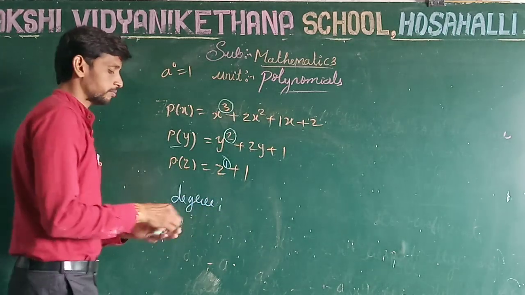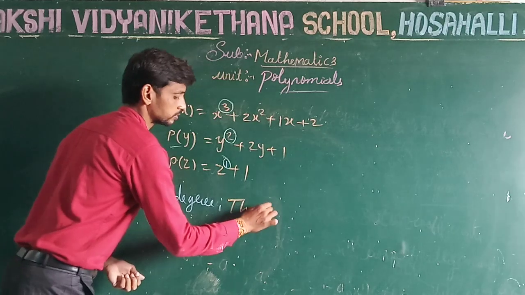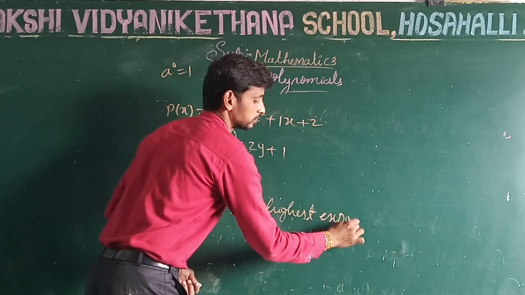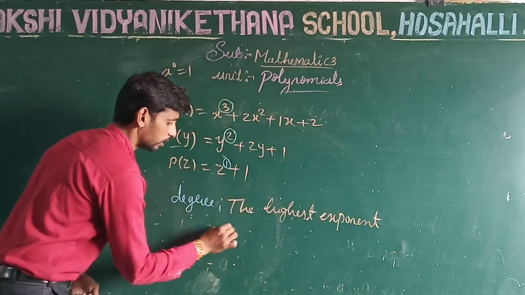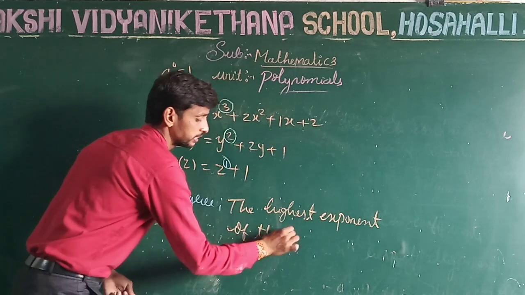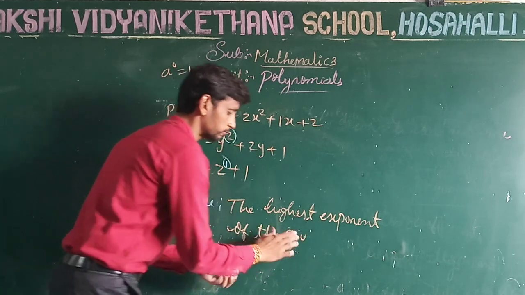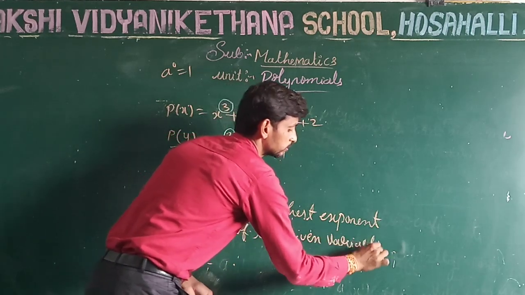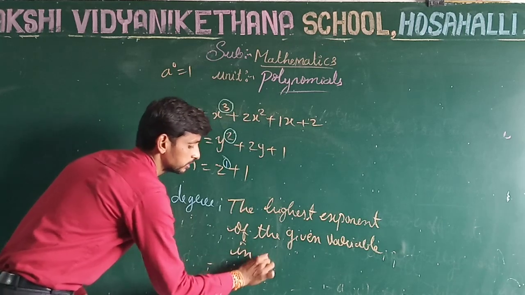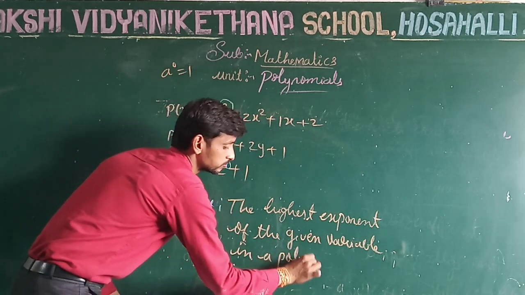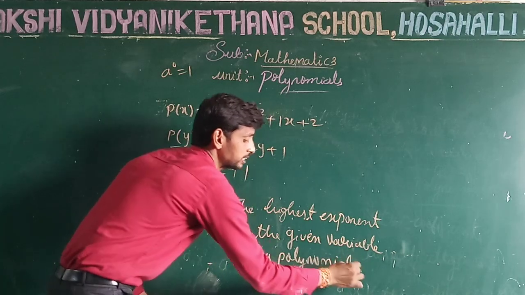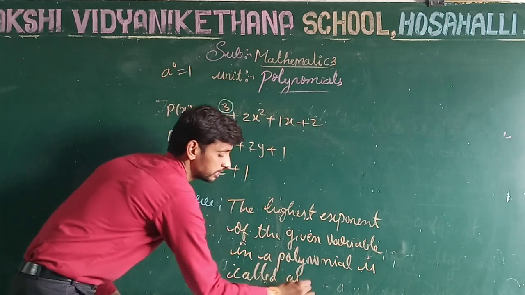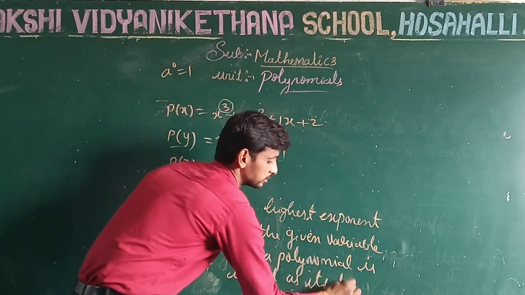The degree of the polynomial: the highest exponent of the given variable in a polynomial is called its degree.